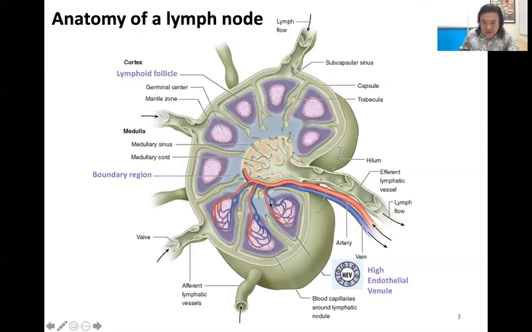So in this region, the endothelial cells, the cells that make up the wall of the HEV, have those special proteins on them that act to attract and stop lymphocytes that are flowing through, encourage those lymphocytes to stick to the walls, and then squeeze their way out into the lymph node. So in that way, they've gone from the blood into the lymph system.